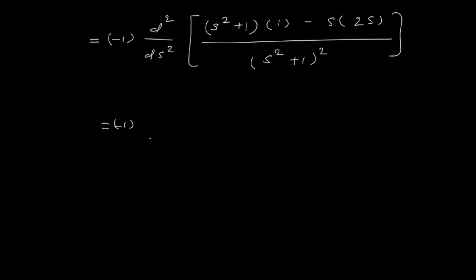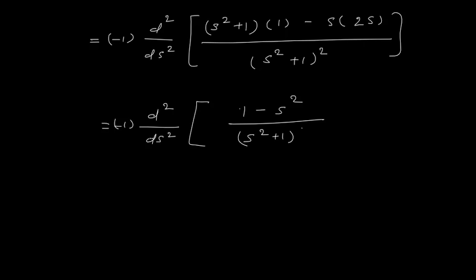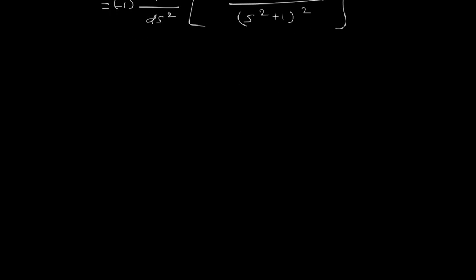Minus 1 d square upon ds square. First simplify inside. It is s square plus 1 minus 2s square. So it will become 1 minus s square. And denominator is s square plus 1 the whole square. I will differentiate again. So this is minus 1 into d by ds.